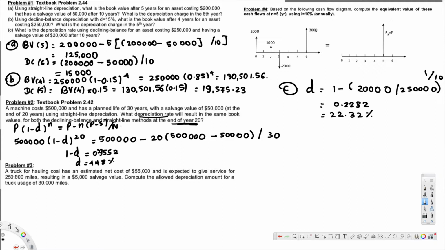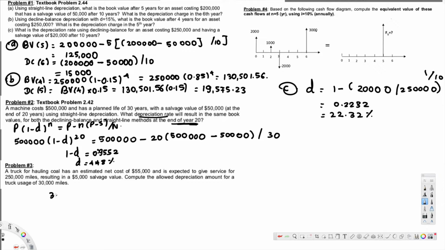And the third question is asking, a truck for hauling coal has an estimated net cost of $55,000 and is expected to give service for 250,000 miles, resulting in a 5,000 salvage value. Compute the allowed depreciation amount for a truck usage of 30,000 miles.